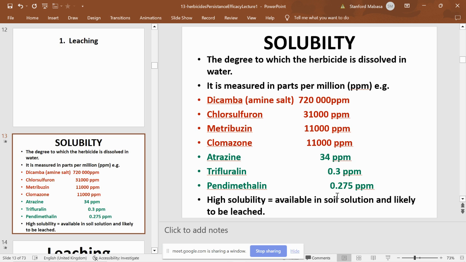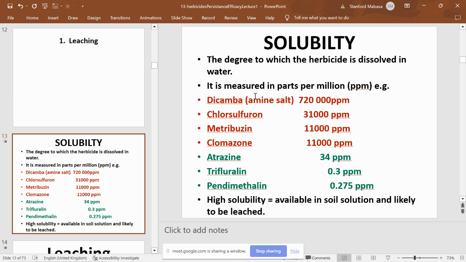Even the herbicide with 11,000 parts per million, we can also exploit it. It's not highly soluble. So high solubility means available in the soil solution and is likely to be leached, like dicamba.